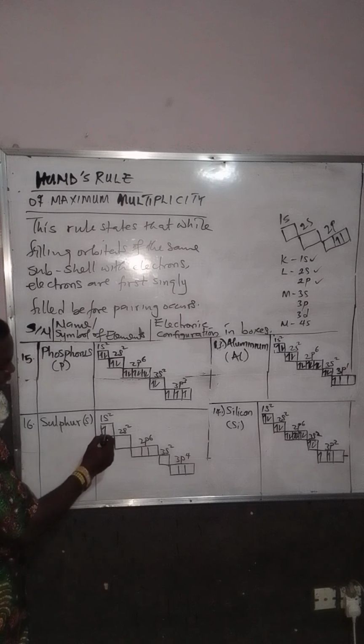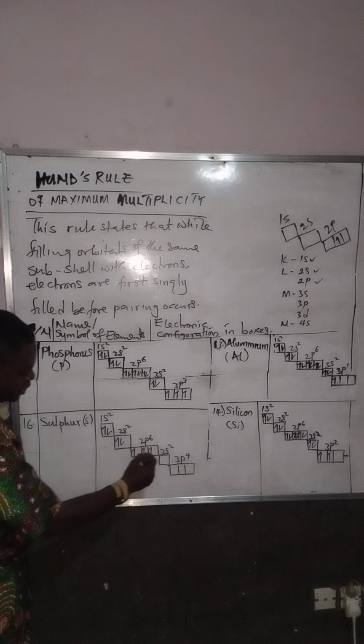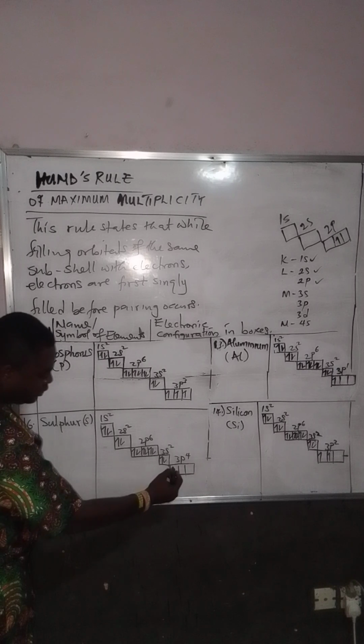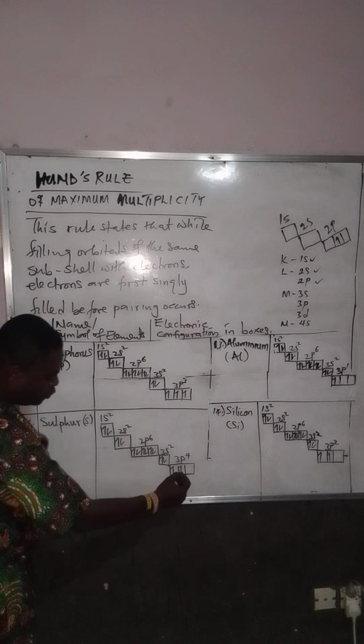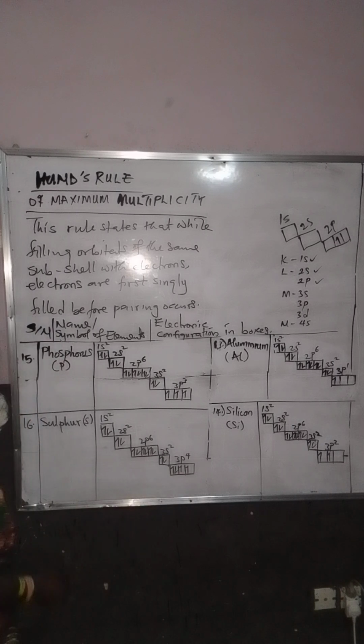So I have 1 electron, 1, 2 for these 2. 1, 2, 3, 4, 5, 6. Then here I have 1, 2. Here 4 electrons, so I have to put 1, 2, fill singly first before pairing. So you have that.